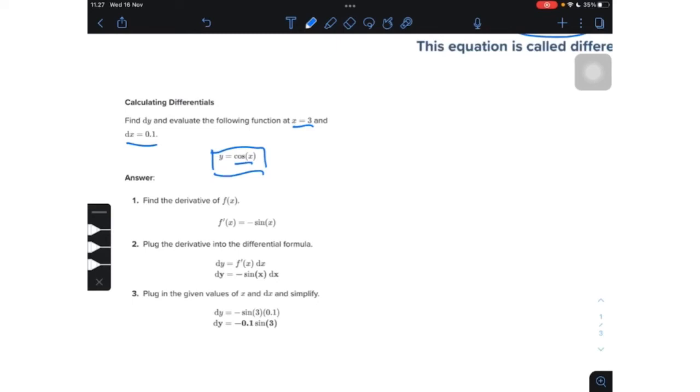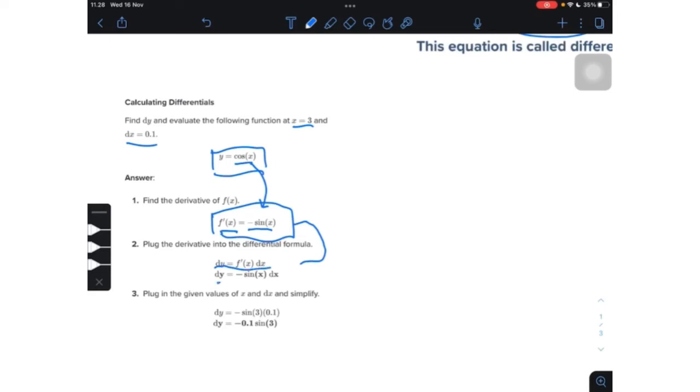The derivative of f of x is f prime x, and for cos x it will be minus sin x. After that, we plug the derivative into the differential formula, which is dy equals f prime x times dx.